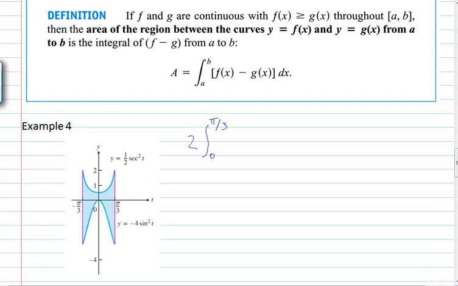We can do that because of the symmetry here. If I were to fold this picture in half along this line, the left half has the exact same area as the right half. So we'll just double the area of the right half because we like positive numbers better.